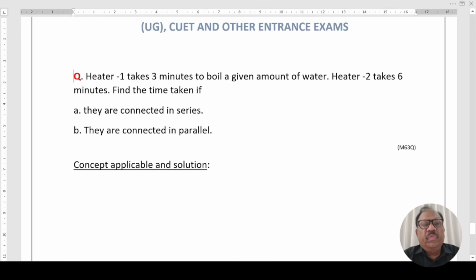Question is, heater 1 takes 3 minutes to boil a given amount of water. Heater 2 takes 6 minutes to boil the water. Find the time taken if they are connected in series, and if they are connected in parallel.